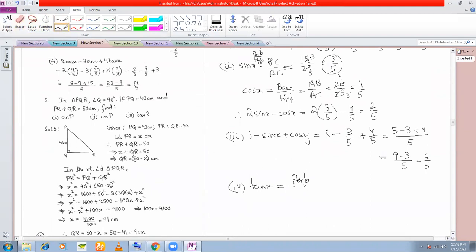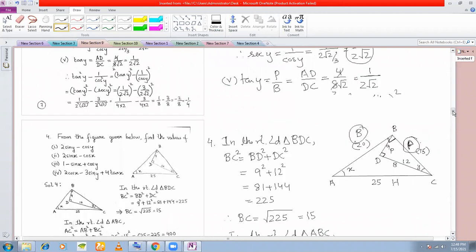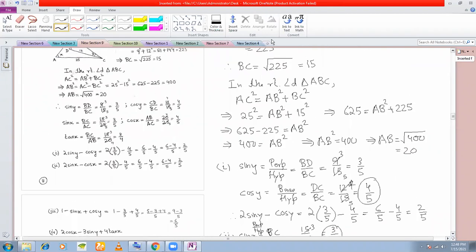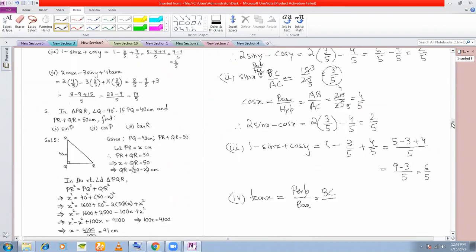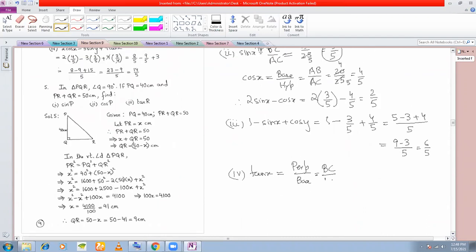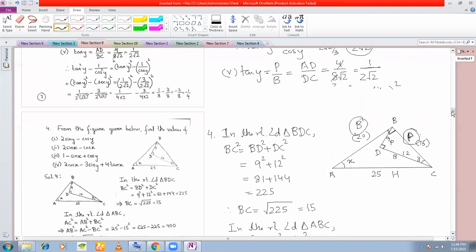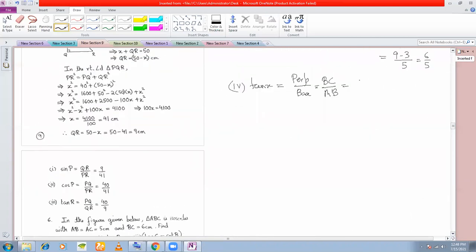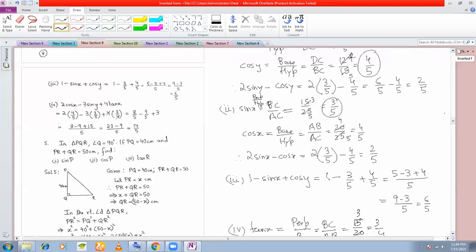Perpendicular by base, BC by AB. Length of BC 15, length of AB 20. So 15 by 20, cancelled, 3 by 4.